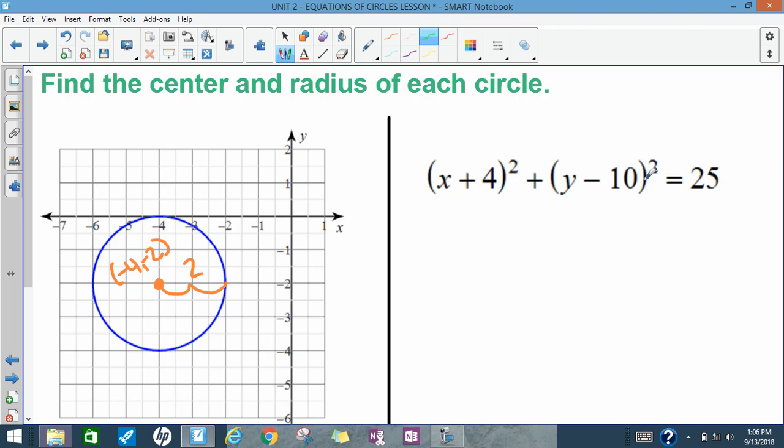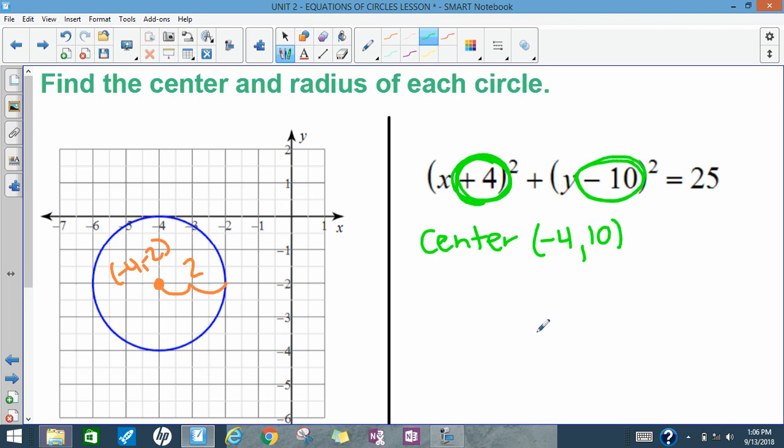When I have an equation, I've got to do a little bit more work. My center is (h, k), and so here, since it's a +4, that means that the value for the center is negative, so my x value is -4. Here, since it's -10, my value is positive.